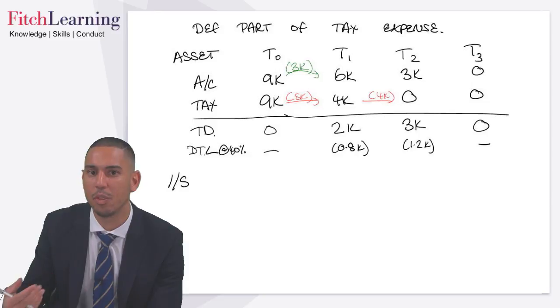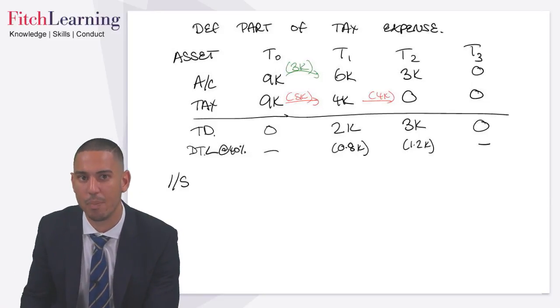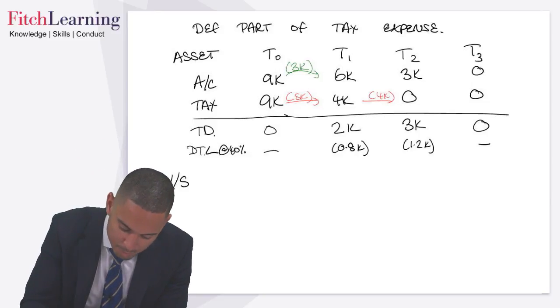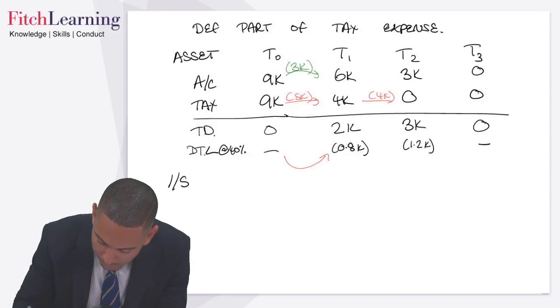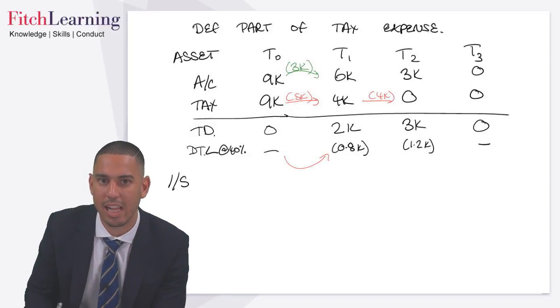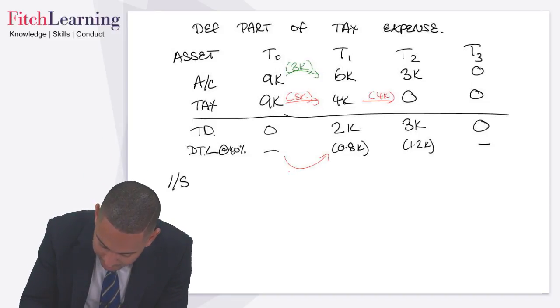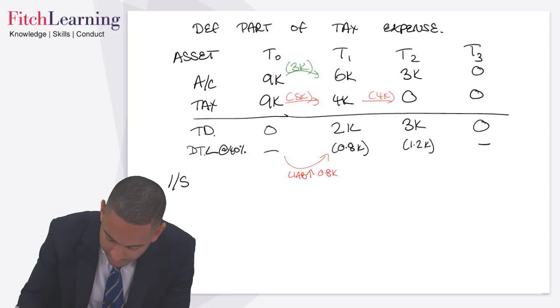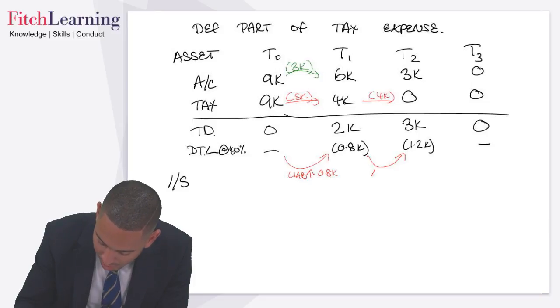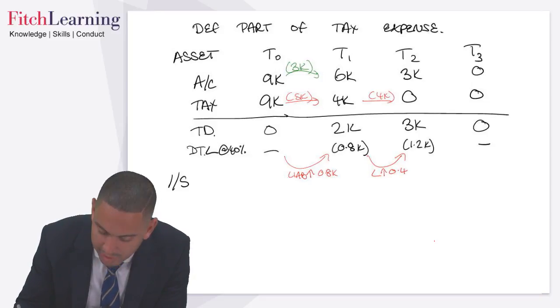So that is the movement of my liability. My liability is going up by 0.8K. So my liability increases by 0.8K in the first period. And then my liability increases by 0.4K.